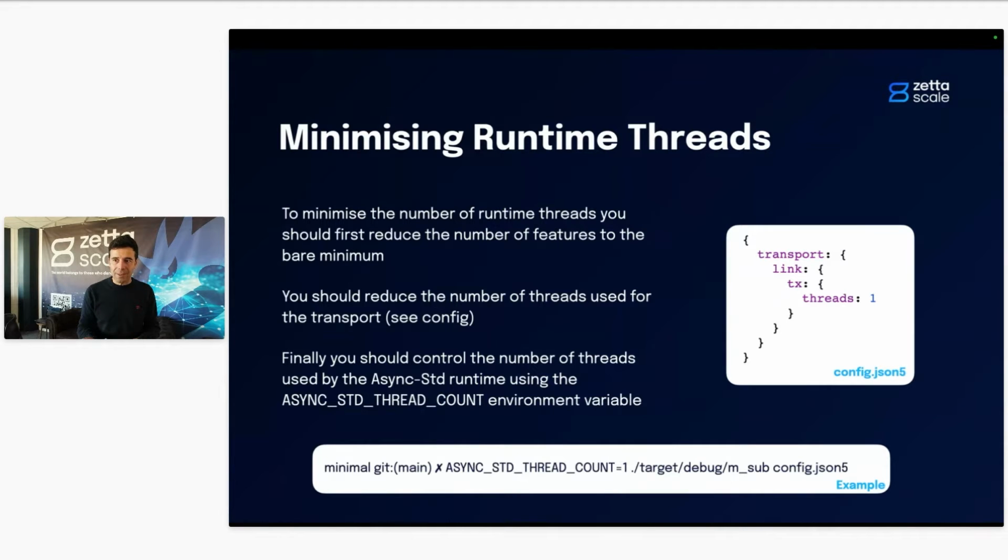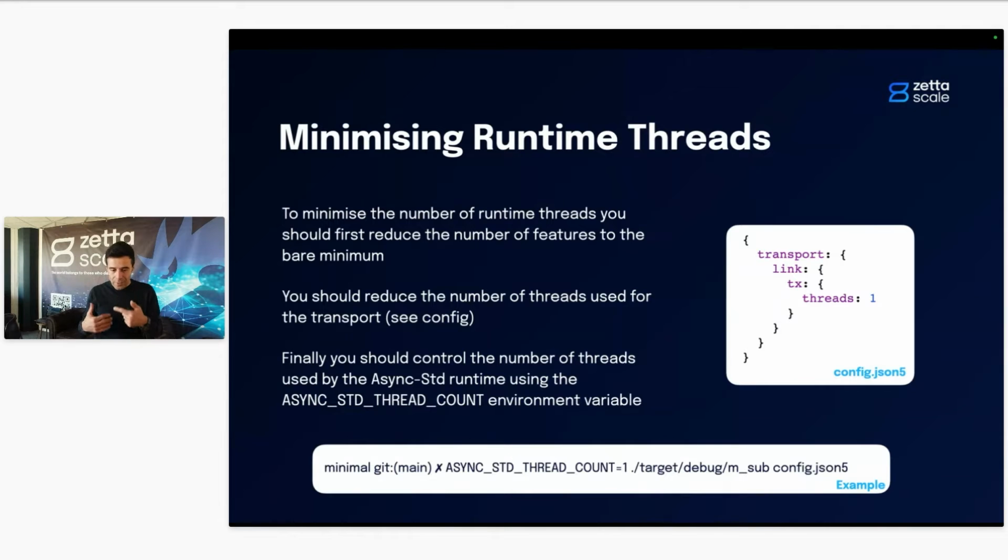Because that makes it much easier to write I/O code in a scalable, performant manner and in a way that's easier to reason about, okay? So in spite of what you're choosing for your API, under the hood we are still using async, which means that by default, as we are based on async-std, it will create at least one thread per core, okay? So if you have an 8-core machine, you will have a minimum of 8 threads. That might be too much.